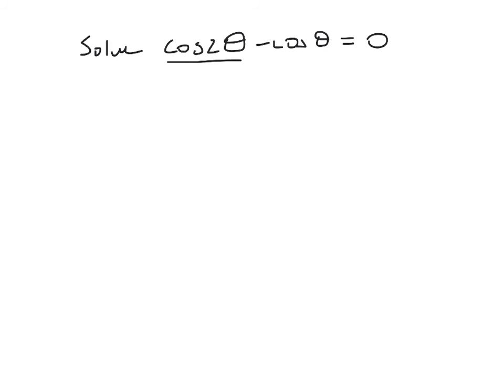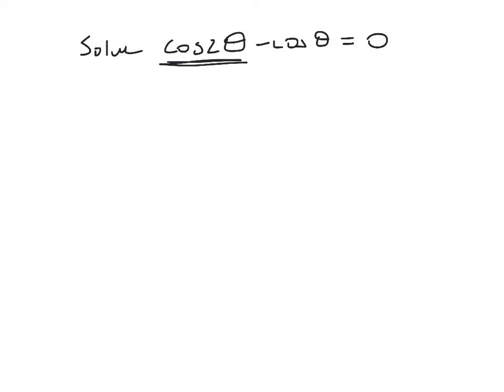So one more here. If I were to say now solve this one, the cosine of 2 theta minus the cosine of theta equals 0. Again, I have to replace this with something. Now, cosine is one where you have 3 options of things to replace it. So what I'm going to choose to replace it with is going to be the one that only has cosines in it.